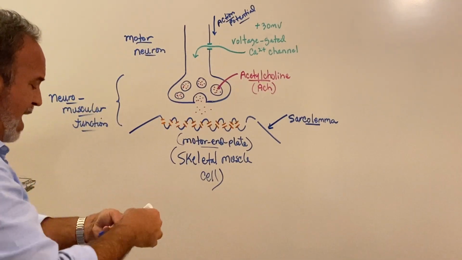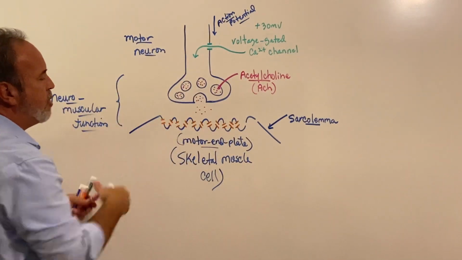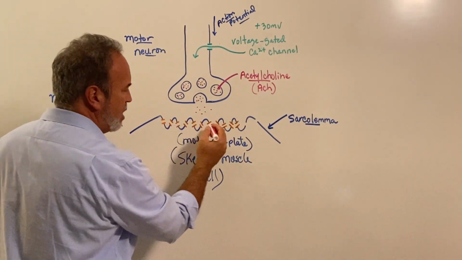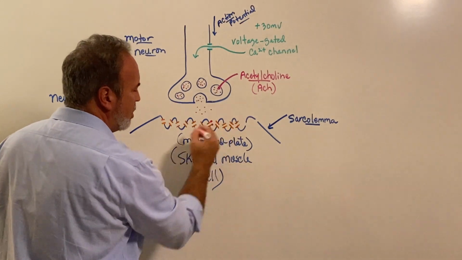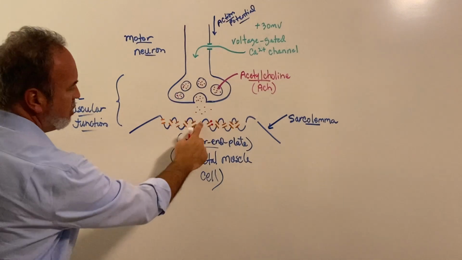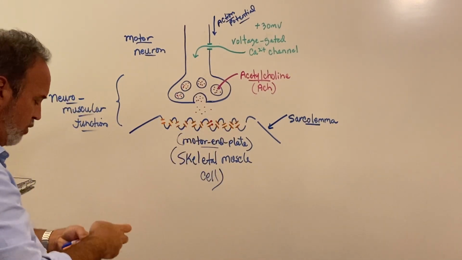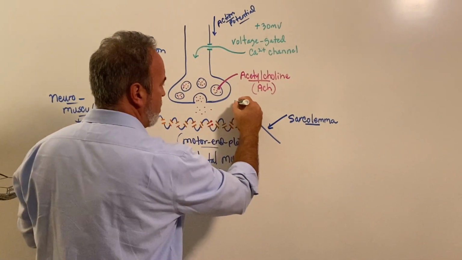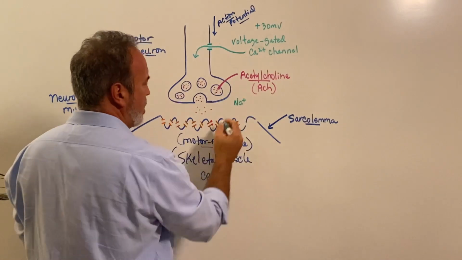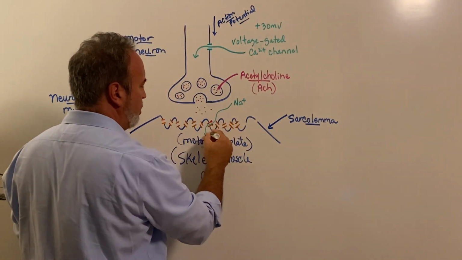So now what's going to happen is that neurotransmitter, that acetylcholine that was released by the motor neuron, is going to bind to two sites here. Okay, to two sites. In each of these channels, you need two acetylcholine molecules to open those channels. Okay, and we're going to have extracellular sodium that is going to come into the muscle cell.